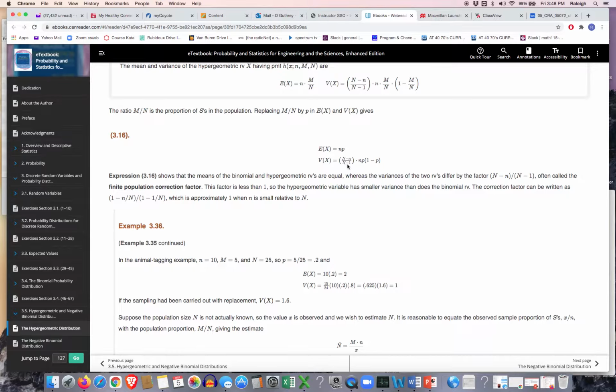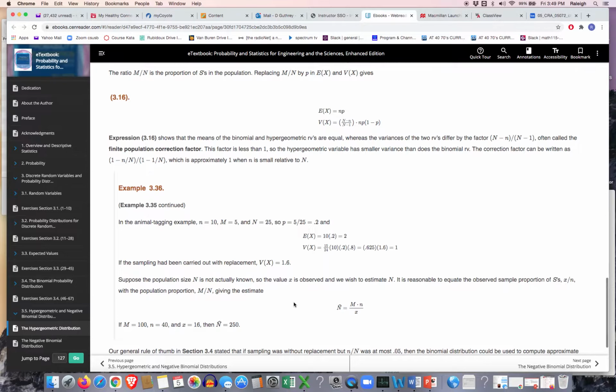The correction factor gives us 15 out of 20. n and P were just like before, 10 and 0.2. And then what I call Q, 1 minus P, is 0.8. And that works out to be exactly 1. And then the standard deviation is a piece of cake because that's 1 also. But if we had ignored the correction factor, and if it had been done with replacement, it would have been 1.6. Well, that's not that important right now.